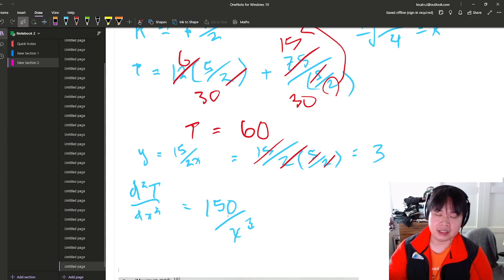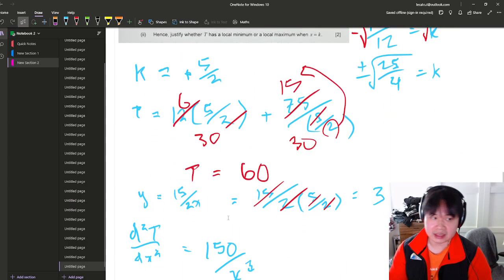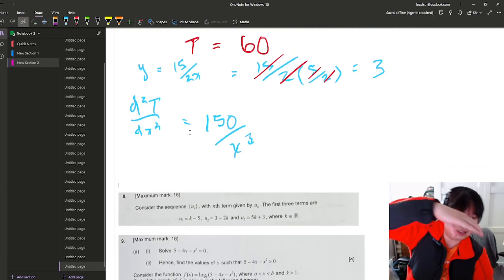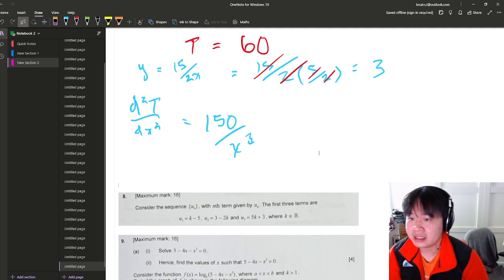And then if your second derivative is negative, then that's concave down, so your critical point is a maximum.